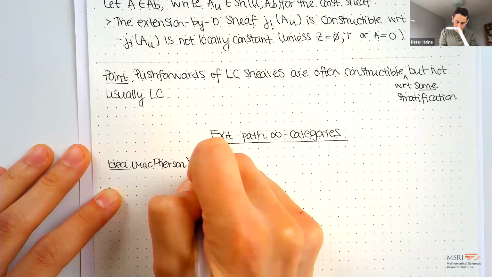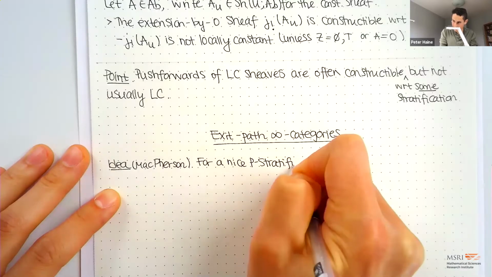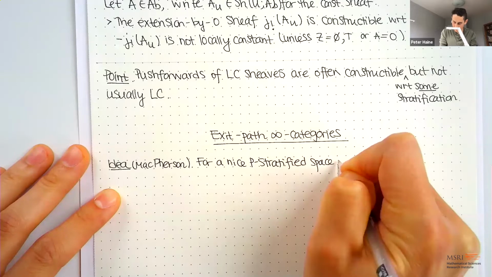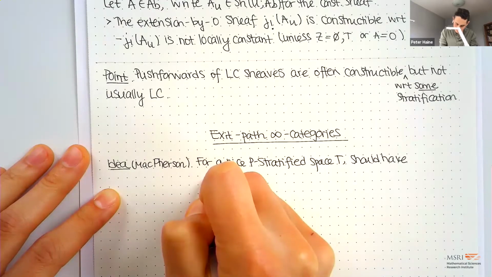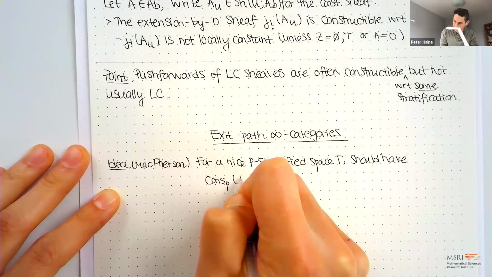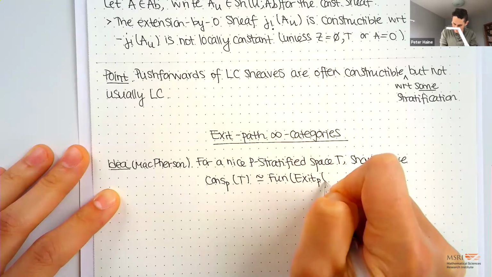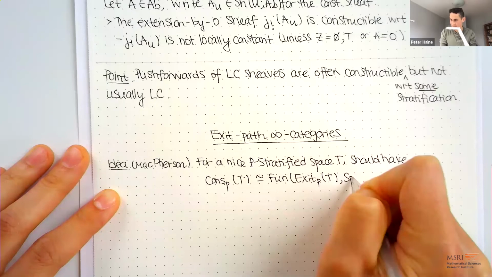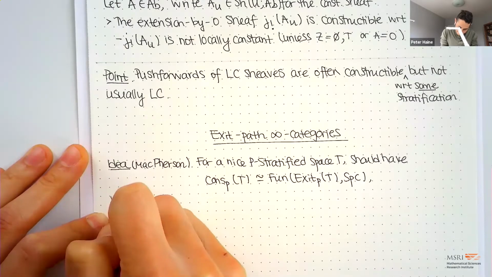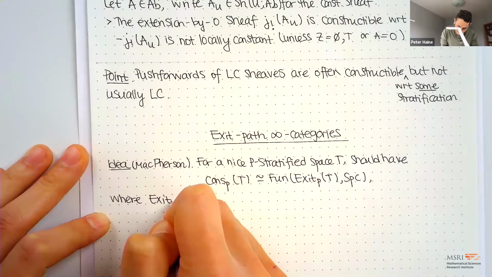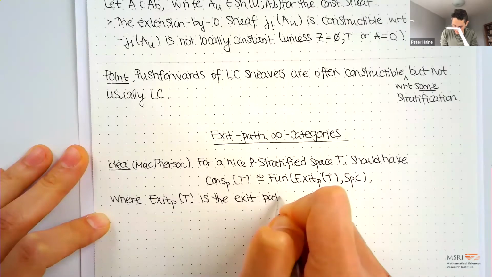The idea is that for a nice P-stratified space T, we should have an equivalence between P-constructible sheaves on T and functors out of something called the exit path infinity category to spaces, where exit_P of T is the exit path infinity category.